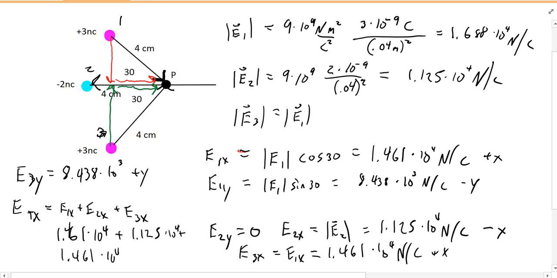You add all of that up, and you get that ETX is, well, let's see, have I made a mistake somewhere? Oh, yes, I'm about to make a mistake. I caught it just in time.